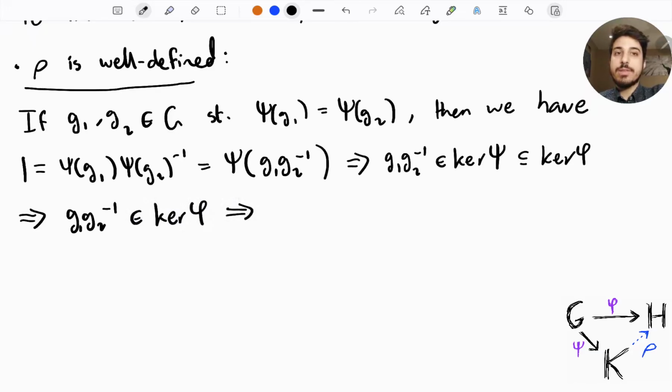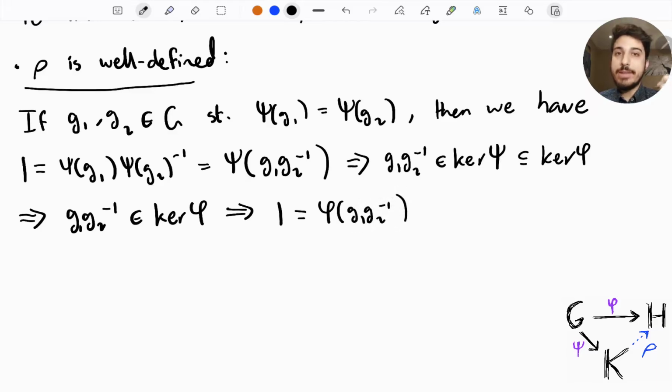And so because it's in the kernel of phi, by definition of kernel, if we apply phi on G1, G2 inverse, we get the identity element. And I can just write it in the opposite direction: 1 is equal to phi of G1, G2 inverse.